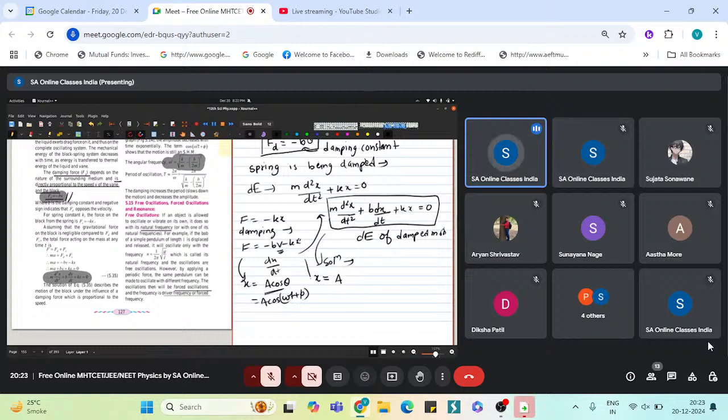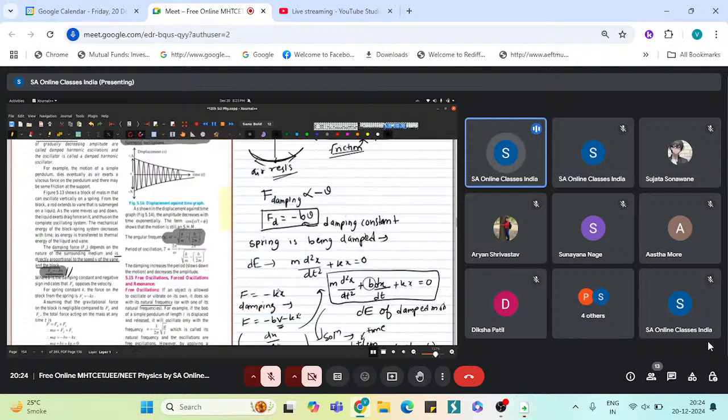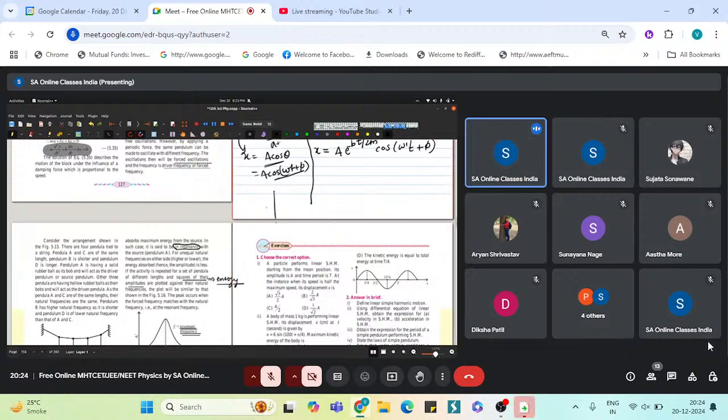Similarly, the solution here is going to be A into e to the power minus bt upon 2m, into cos(omega dash t plus phi). These cos terms look similar, which means that the motion is still going to be a sinusoidal wave.